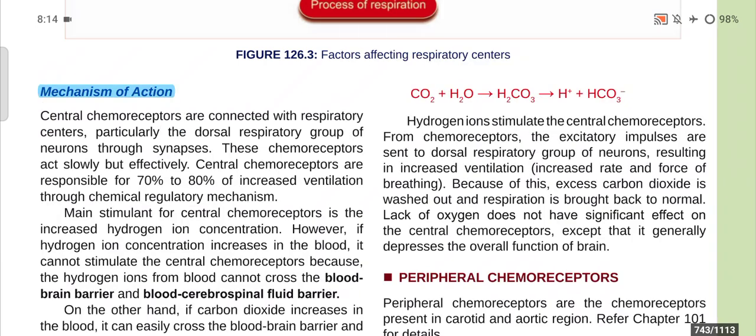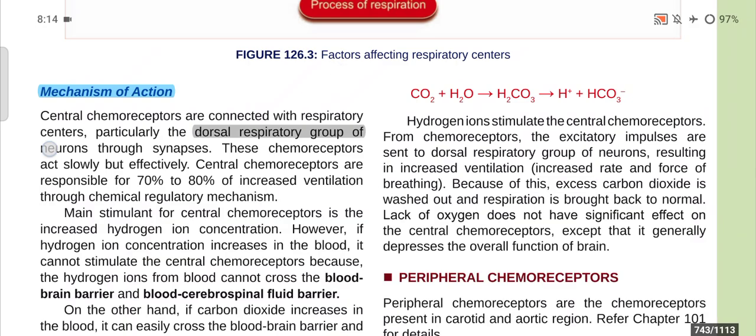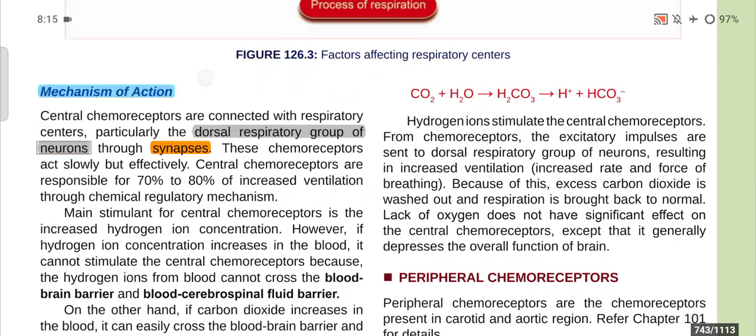Central chemoreceptors are connected with respiratory centers, particularly the dorsal respiratory group of neurons, through the synapses. These chemoreceptors act slowly but effectively, and they are responsible for 70 to 80% of increased ventilation through the chemical regulatory mechanism.